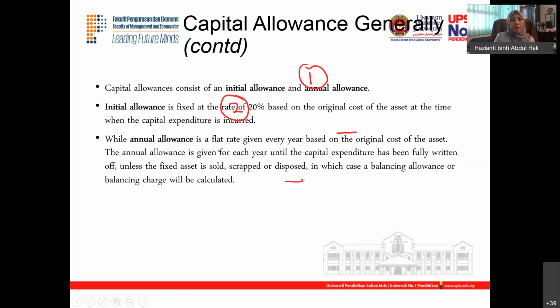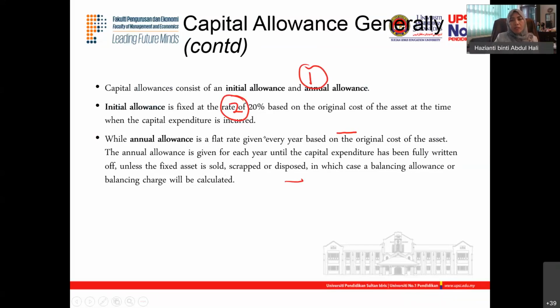But annual allowance is a flat rate every year. Let's say for a certain type of asset the annual allowance is 20%, it will be 20% no matter how long. Okay, and one thing about capital allowance is that it is different from depreciation in accounting. If you look at depreciation, sometimes for the same asset, different companies use different percentages. Some companies use 10, some use 20, so it depends.